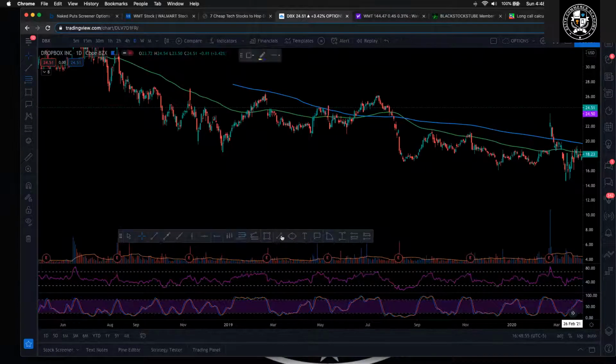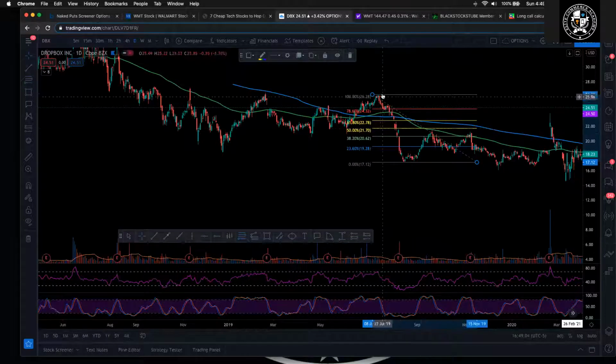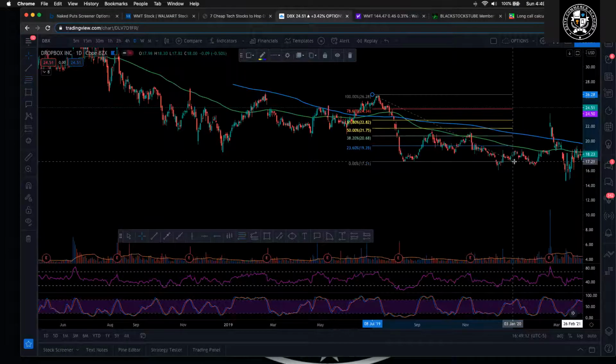Pull my Fibonacci out, right? We're going to go from swing high to swing low now. So you see high point, low point, okay? And I extended it all the way out as far as you need to extend it, but that's where it's at.